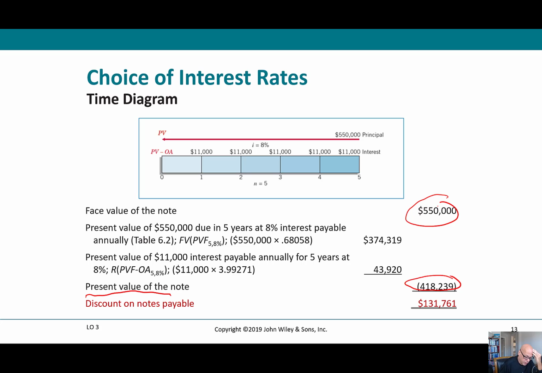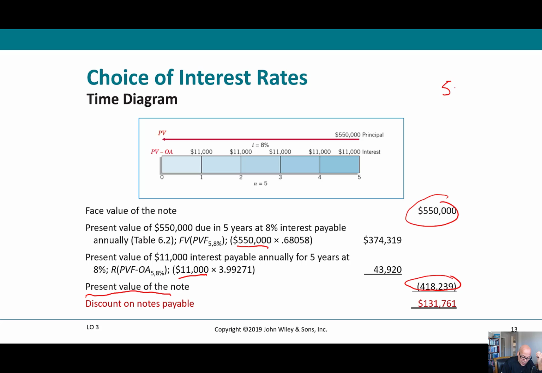So when you take a look, they have this $550,000 that's going to come back, and they're going to want to pick up the present value of that. And they have this $11,000, and I don't know about you, but I don't trust anybody when it comes to calculations, so I always make those myself.